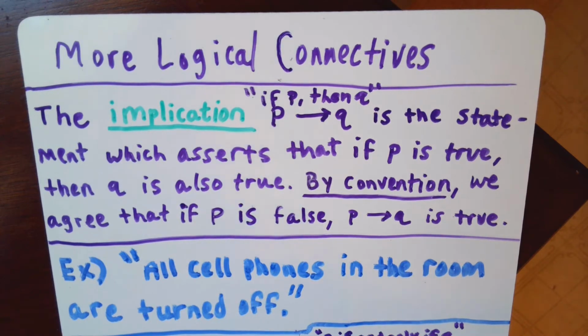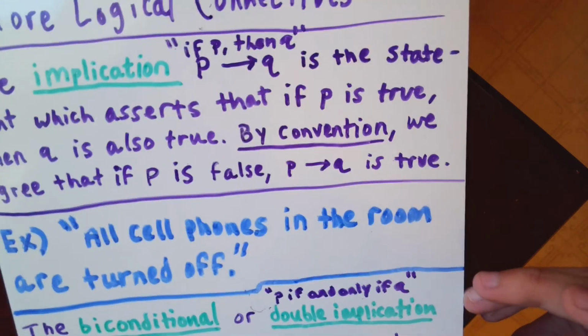Another thing to take into consideration is that you can have implications that are true where there's actually no causal relationship between the things.